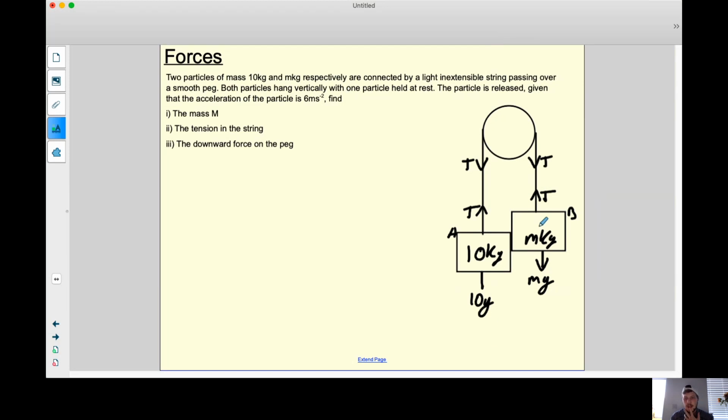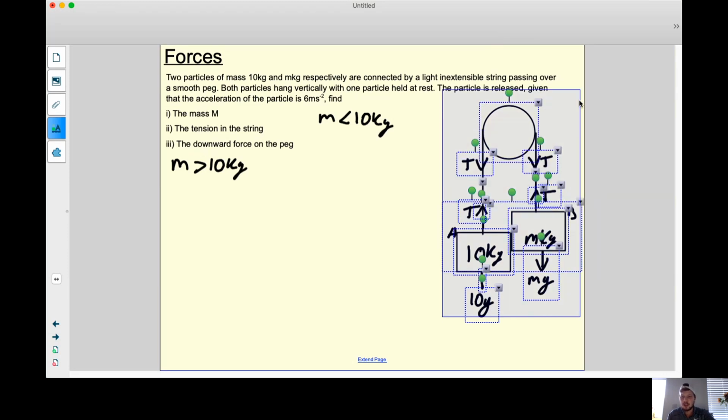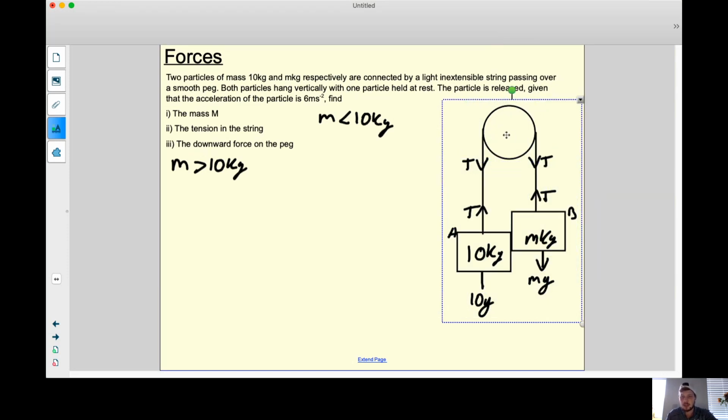So we need to think about what my mass could be. There are two scenarios: I can either have my mass greater than 10 kilograms or less than 10 kilograms. I will talk about why those are the two scenarios in a second.